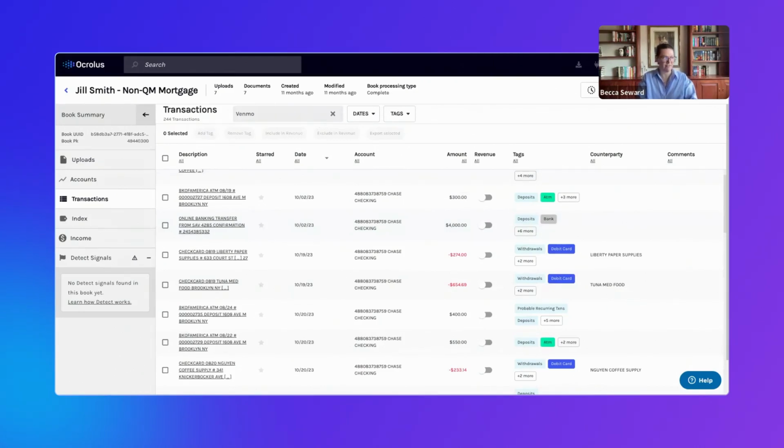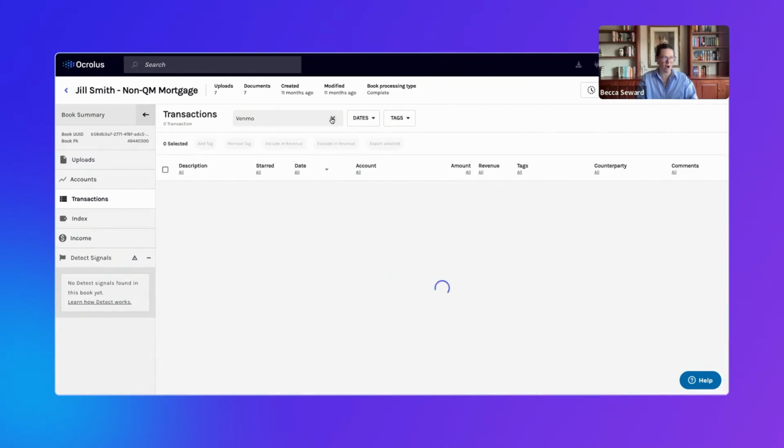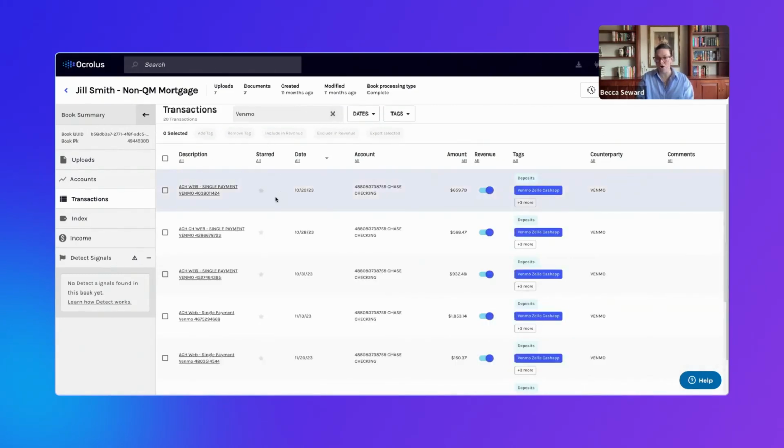Again, if I'm looking at Venmo in this situation, or perhaps Cash App, I can see all of those transactions with that tag. And I can quickly select all of these transactions and choose to exclude in revenue or include in revenue. We reference these features because this is really where you can quickly sort out the specific transactions that you want to include in income in your bank statement income calculator or exclude.